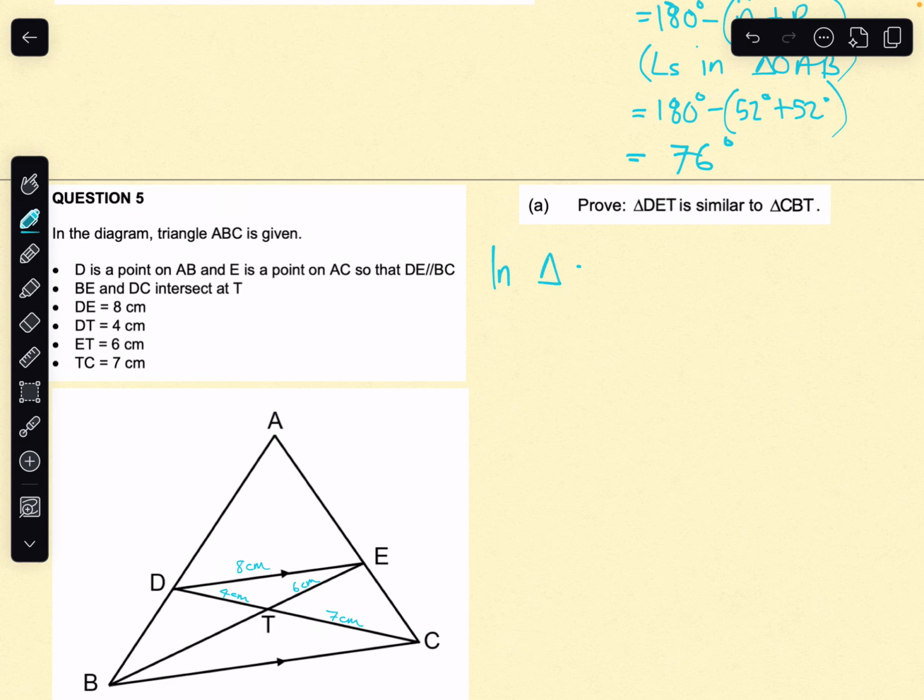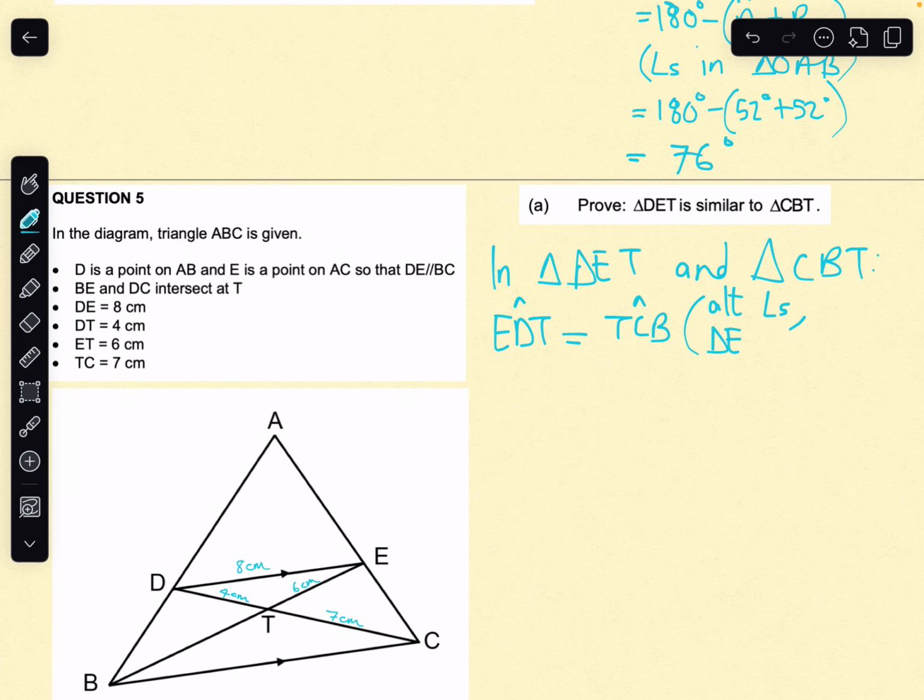In triangle DET and triangle CBT, angle EDT is equal to angle TCB, because alternate angles, the parallel lines being DE and BC.